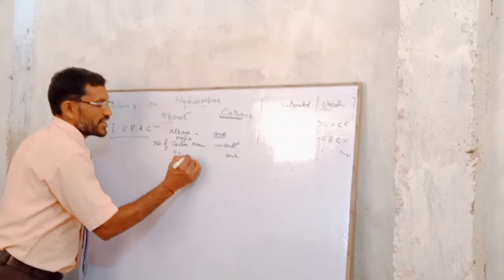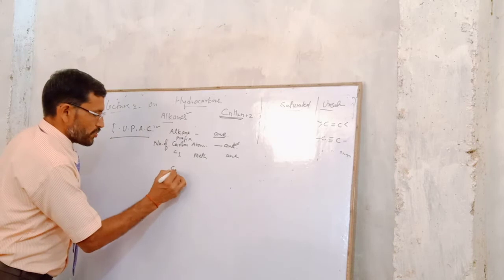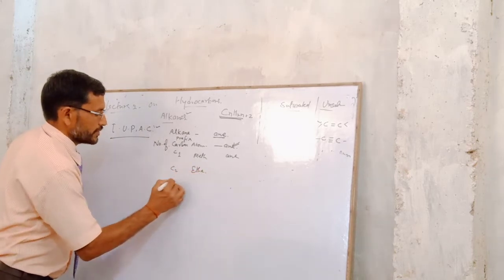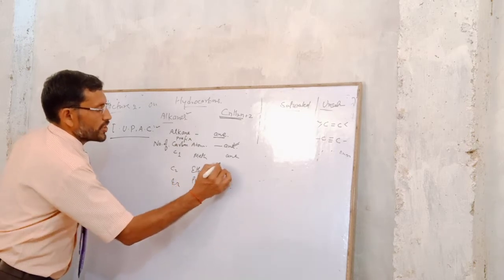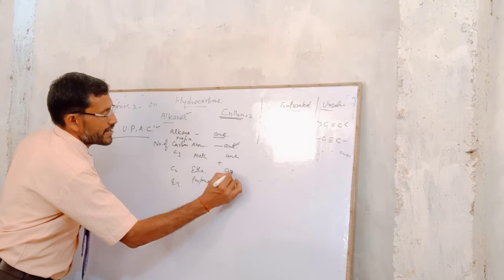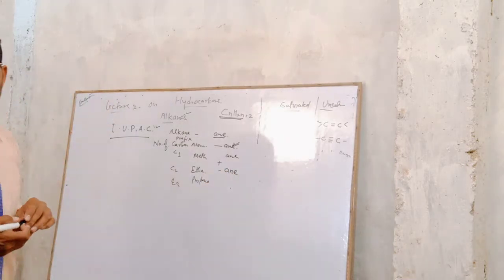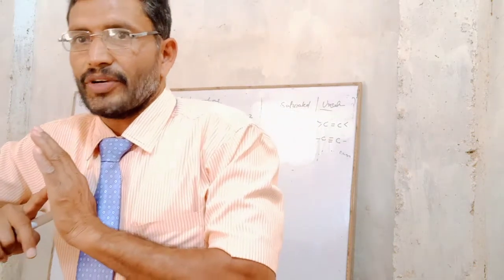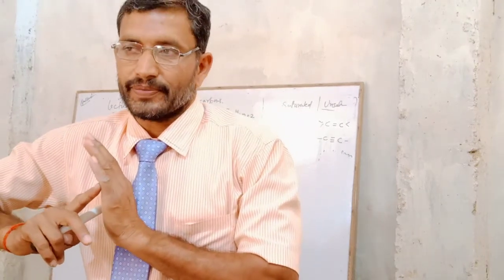So what should be the name? Meth, right? 2 carbon atoms, what should be the name? Eth. And carbon number 3 is prop. So here you have to add -ane as the suffix. Like for meth, the name for that single carbon is methane.